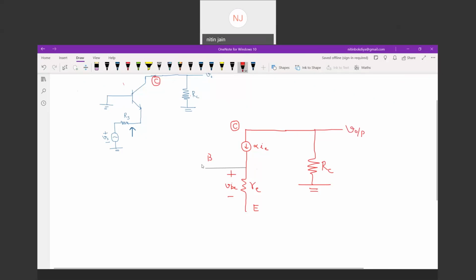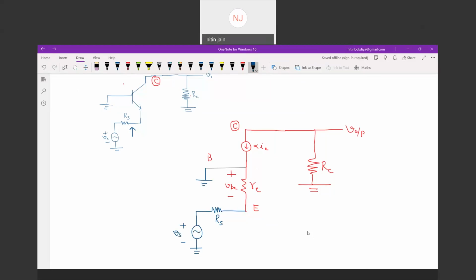Then what to see: the base terminal is connected to ground, so you can say base is connected to ground, and through the emitter one RS is connected, so you can say one RS is connected, this is VS and this is connected to ground.